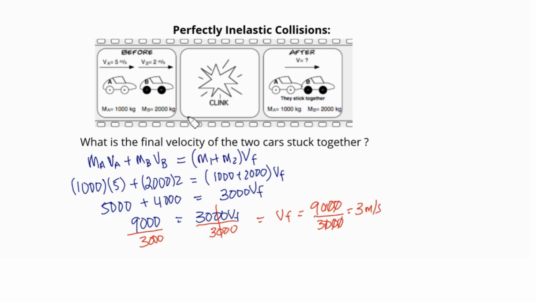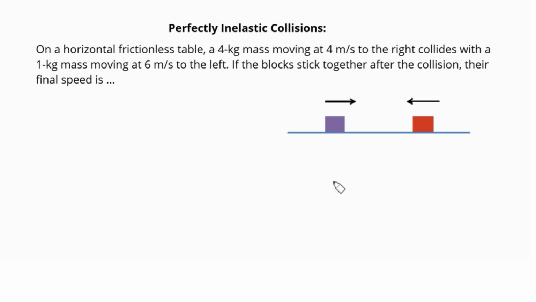after the collision. In this case, both cars are moving in the same direction. In the previous case, one of the cars or one of the objects was stationary, and now we'll look at one more case. And in this case, both blocks are moving towards each other, but our formalism or our math to do this would still be the same.